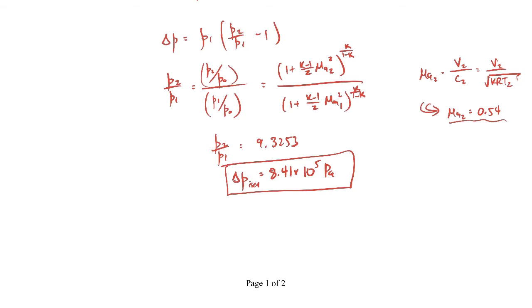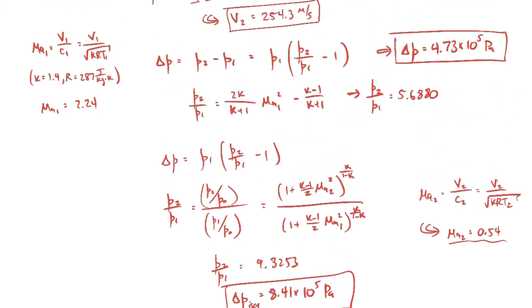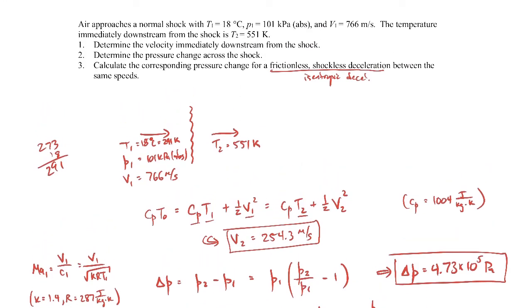Okay, I think that covers everything in this example. This last part of the problem is a little bit tricky. You just have to keep in mind that we're trying to go between the same speeds. I should probably have written in here to make it clearer that we're also assuming the same temperature change.